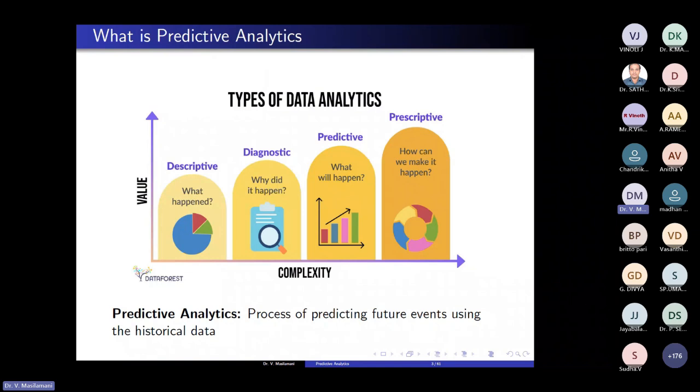Similarly, take the blood sugar reading 1 hour after food, then again at 1.5 hours, and then 2 hours, and so on. If you want to predict the blood sugar level after 3 hours without measuring it, then it is called predictive.